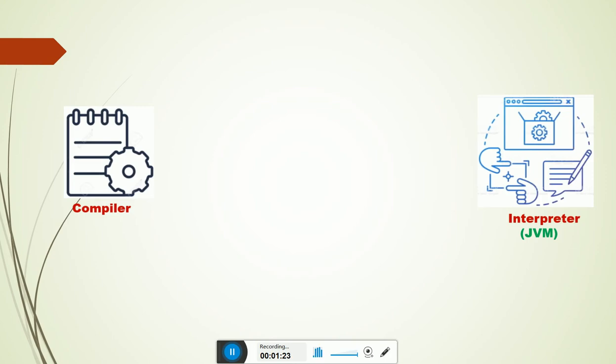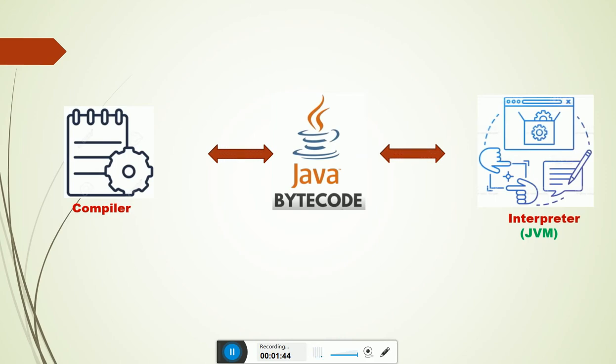This interpreter is also called JVM or Java Virtual Machine. So basically, bytecode is the common piece between the compiler, which creates it, and the interpreter or JVM, which actually runs it.